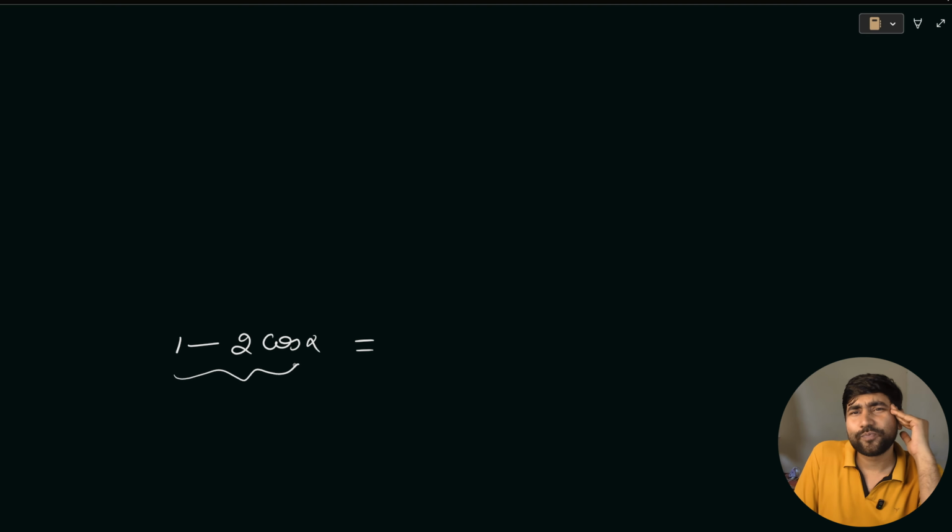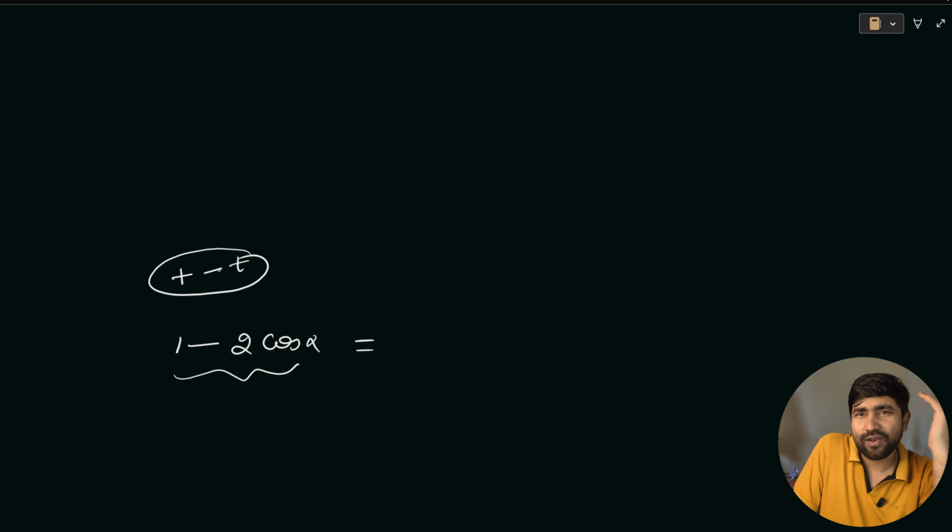Now think, what are the formulas you know? If somehow we are able to generate this as the same trigonometric function minus the same trigonometric function, then we can apply sin alpha minus sin beta, or cos alpha minus cos beta. How can we do that?